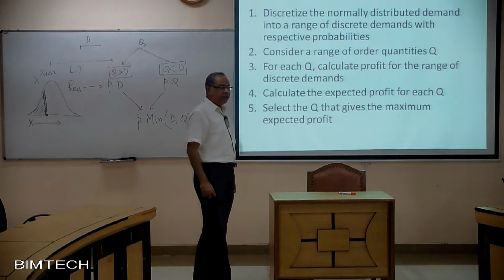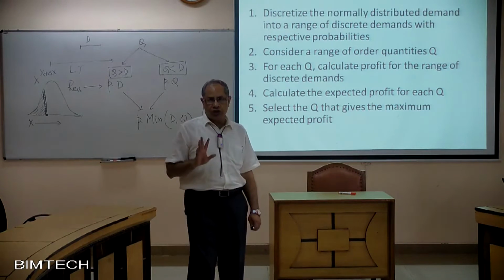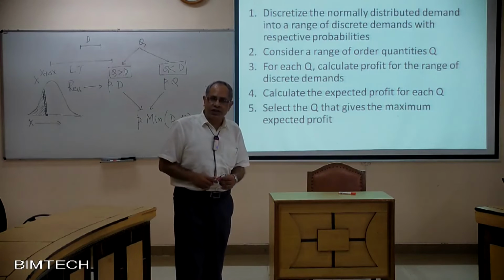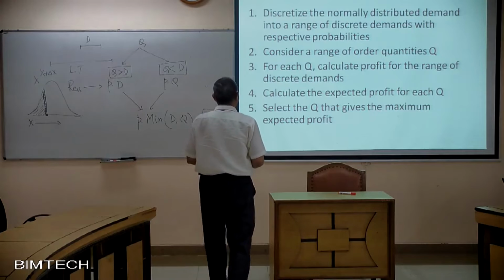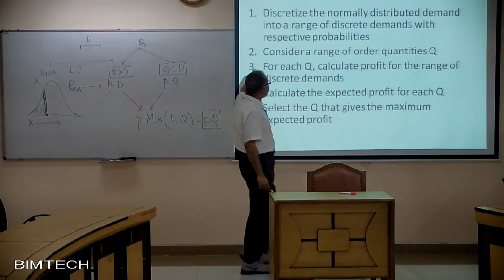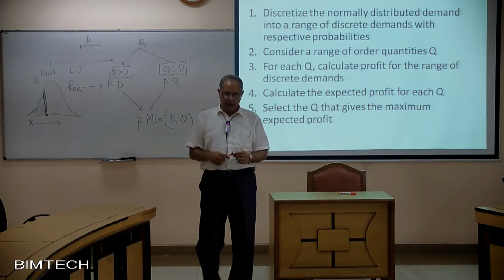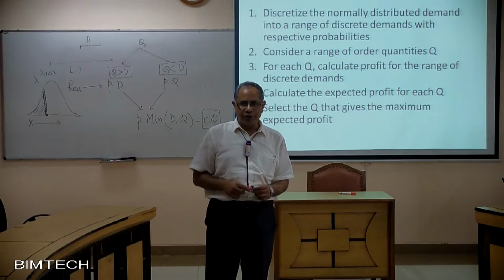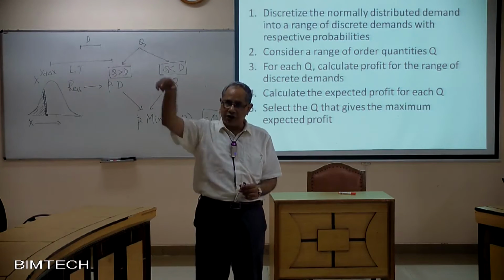And of course, for these discrete demands, we also have the probability of each of these demands using the method that I just explained. Then what we do is we consider a range of order quantity Q, possible values of Q. And then for each value of Q, we have a set of demand.